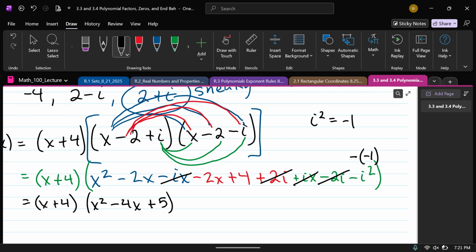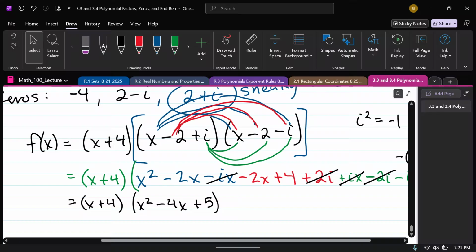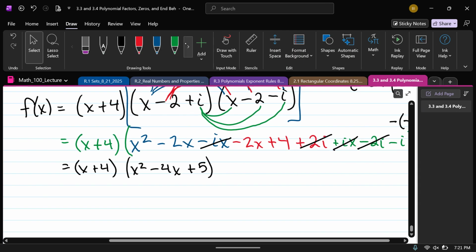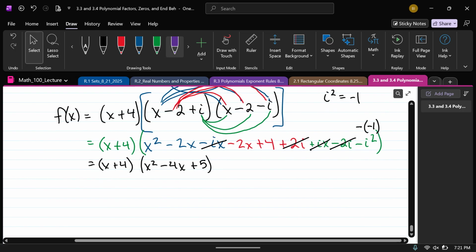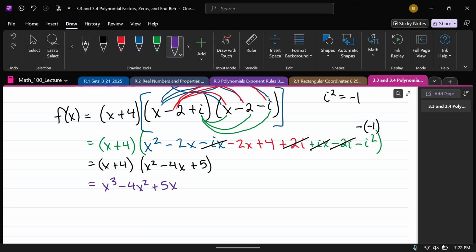Now we've done the hard part. This is the really difficult part, getting that done. Now we just have to multiply this x plus 4 times that quadratic to get our polynomial. Zoom back out there. So x times x squared minus 4x plus 5 is x cubed minus 4x squared plus 5x. Then multiply 4 times all that.